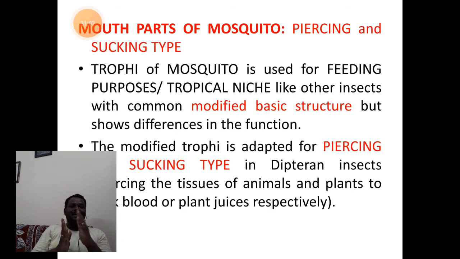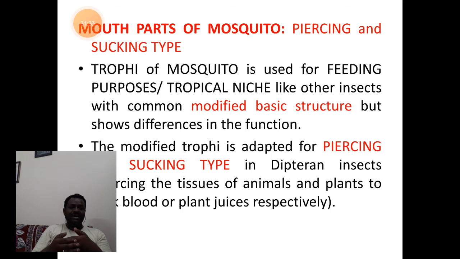The second insect that we are going to understand under trophy is the mosquito. So mosquito has the mouth parts called piercing and sucking type. So they pierce, then they suck. Here also the mouth parts are modified basic structures that you find developed from a common ancestor.